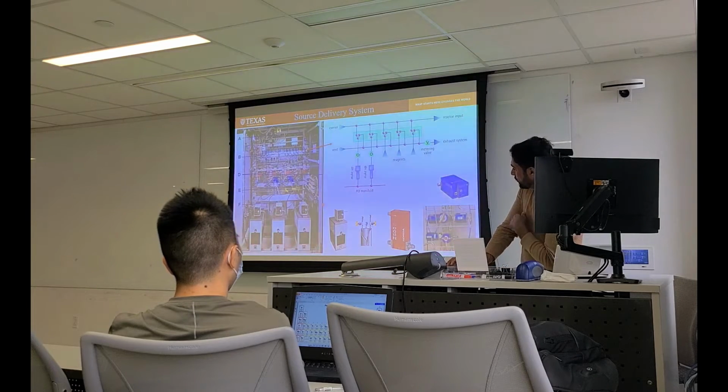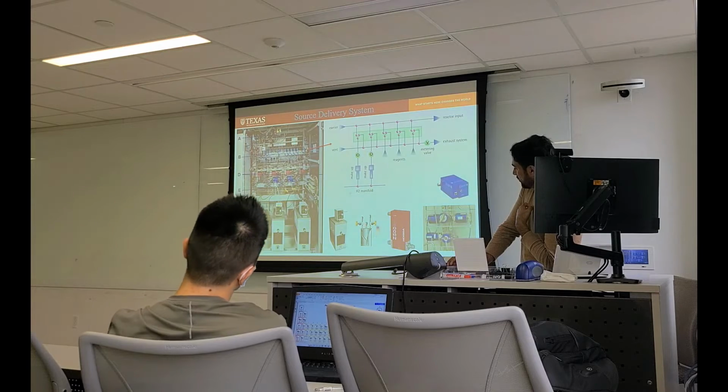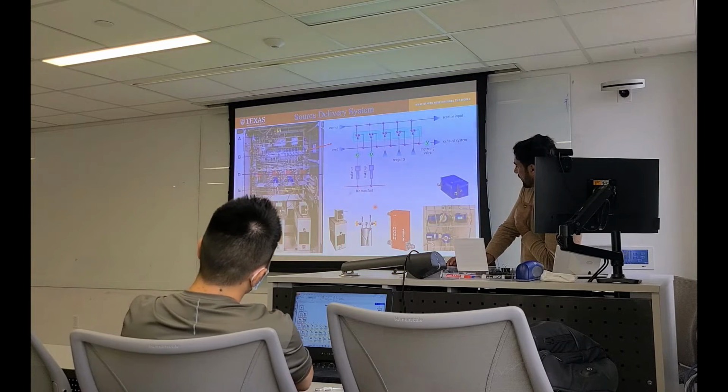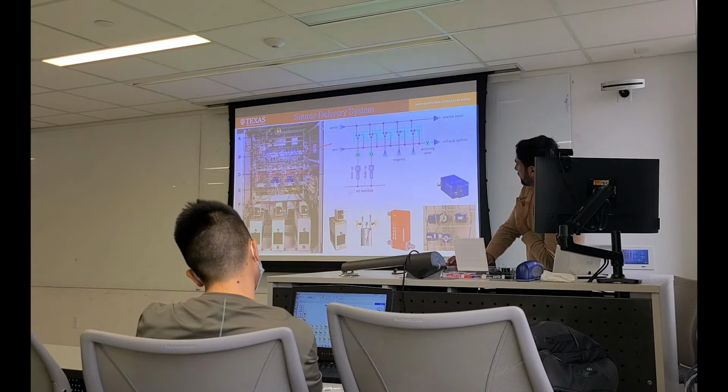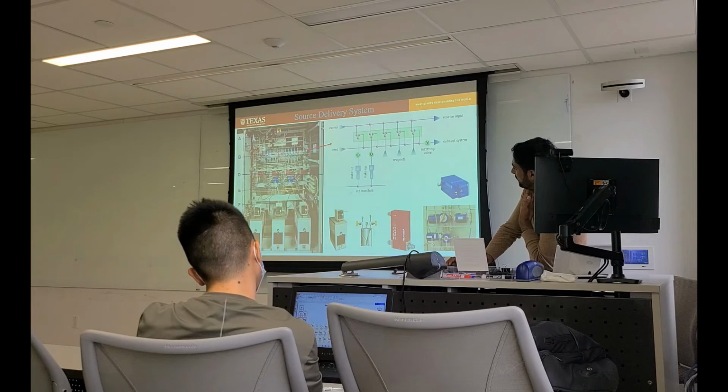Pneumatic valves means, suppose your carrier gas is nitrogen, and you carry your source with it. This is the carrier gas. Let me first explain the injection manifold.